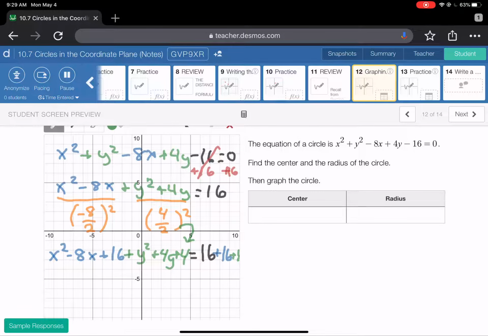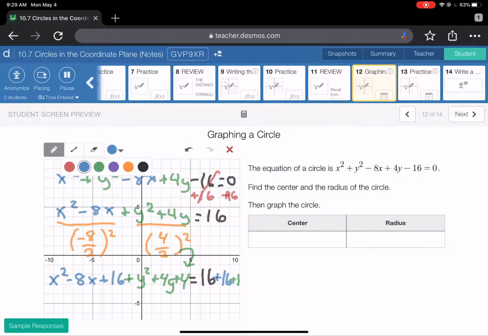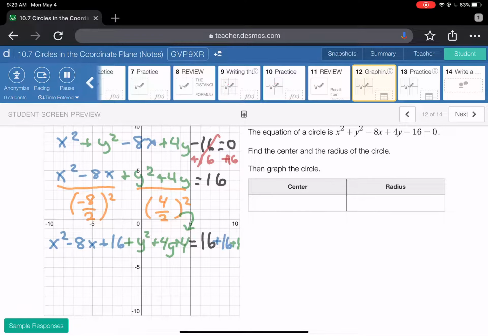Okay, so now, because these are perfect square trinomials, I can factor them because I want to write it as a binomial squared. So this first one, 16 is a perfect square, so that's 4. And because this is a minus sign right there, that's also going to be a minus sign.